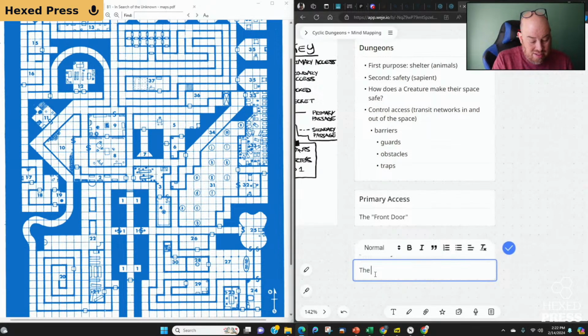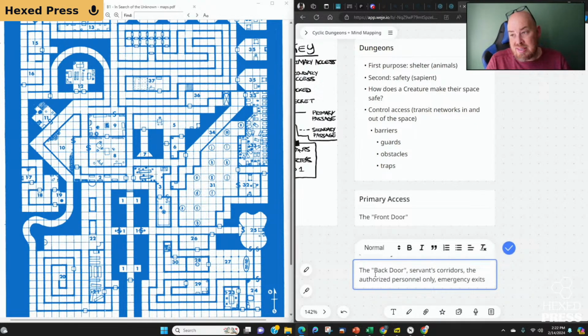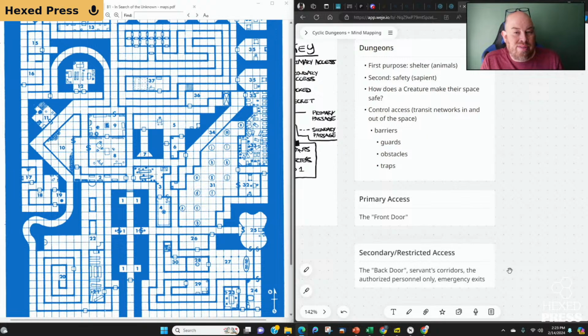This is the back door, the servants' corridors, the authorized personnel only type deal, right? Or in our world, emergency exits. All these things are secondary ones. They're restricted. Under normal circumstances, you're not supposed to use them.